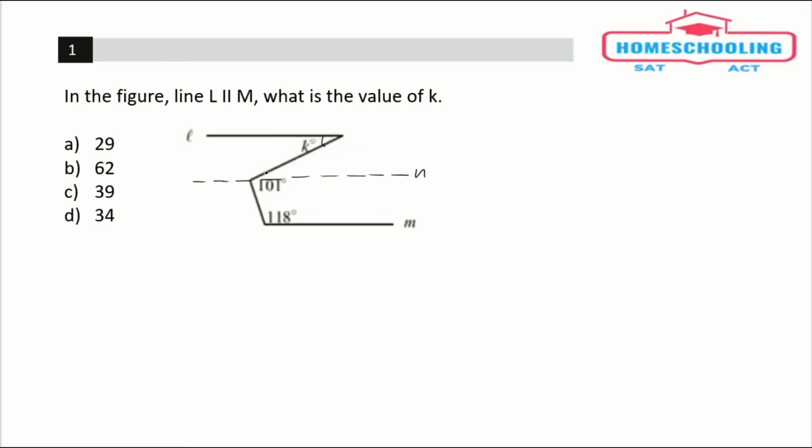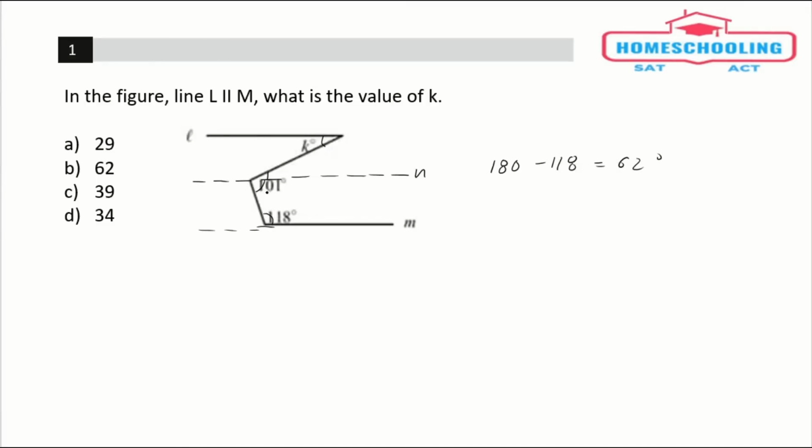As we know, this whole angle, this angle plus this angle, is 101 degree. First, we can see that these two are parallel lines, and this is a transversal line, so the sum of interior angles would be 180 degree. So if this angle is 118 degree, then this angle would be 180 minus 118, that would be 62 degree.